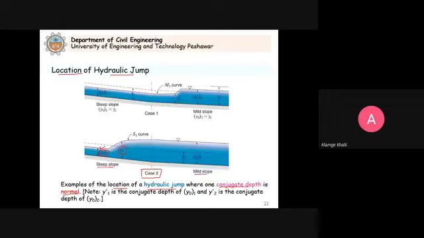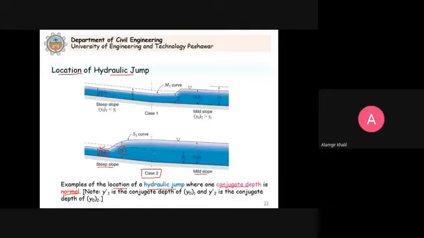So you can now calculate the conjugate depth. This depth is now given, so you can calculate this. We already developed the equation. If y1 is given, you can calculate y2. If y2 is given, you can calculate y1. And we are still discussing this for rectangular channels.